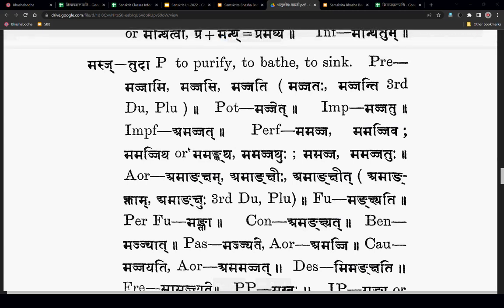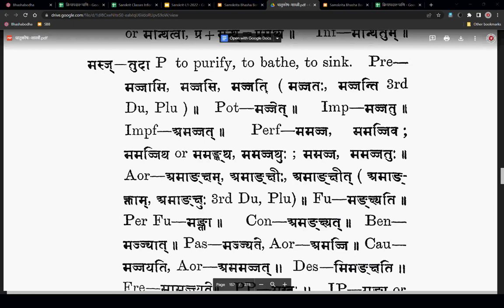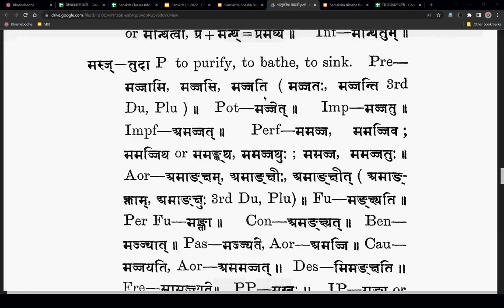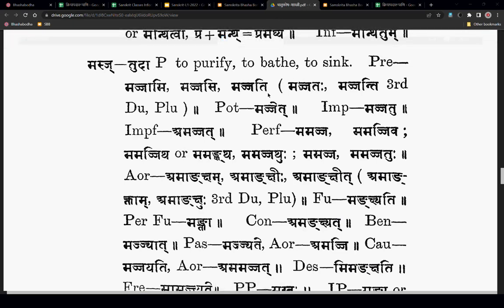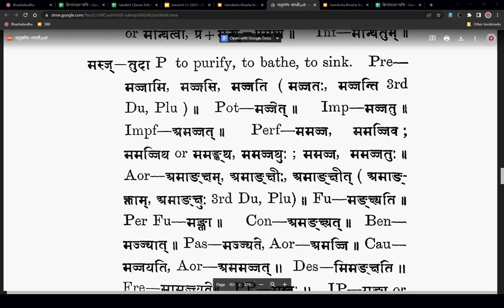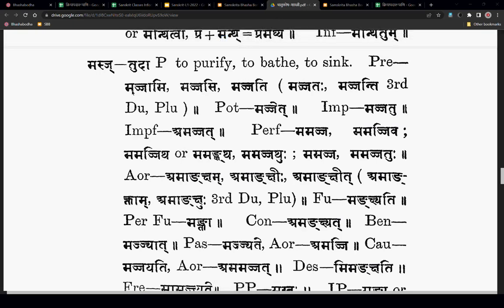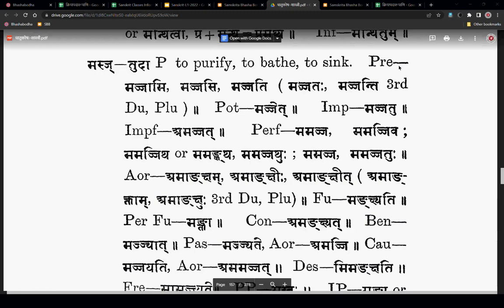This book is not giving all the forms of all the lakaras and kridantas, but you can get the idea of the representation. For example, here, Majjami, Majjasi, Majjati. This is actually given in a reverse way. Majjati is the Prathama Purusha, Majjasi, Madhyama Purusha, Majjami, Uttama Purusha. Then Lot Lakara; here pres means present tense.